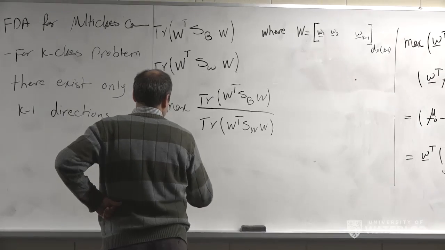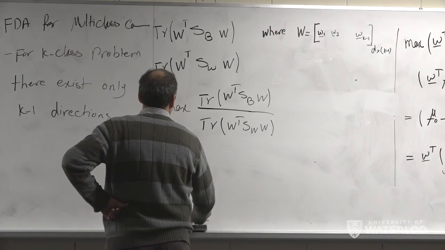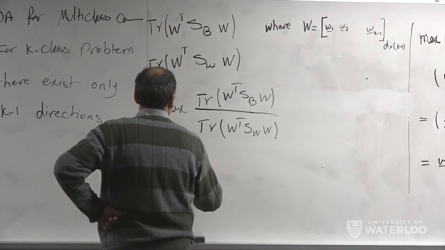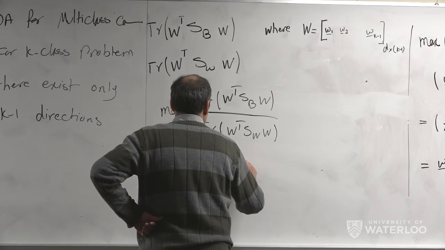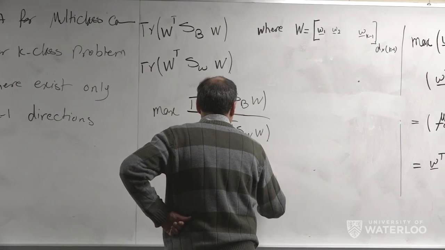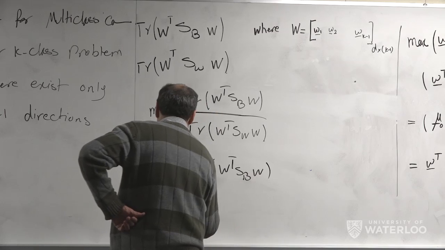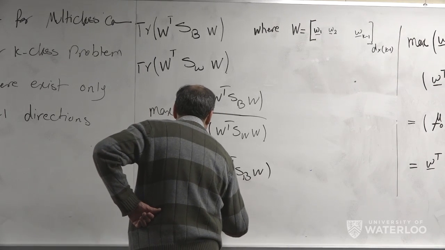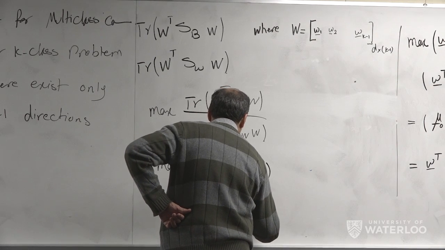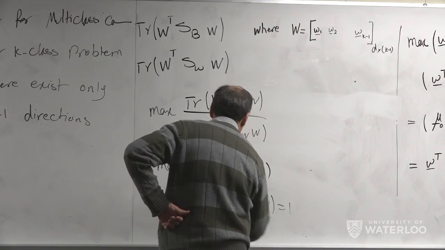So you're going to turn it into maximizing this trace, subject to the constraint that the trace of W transpose SW W is equal to 1.